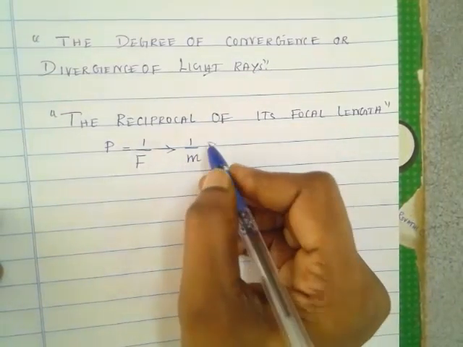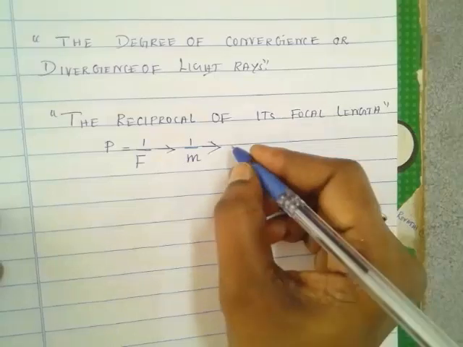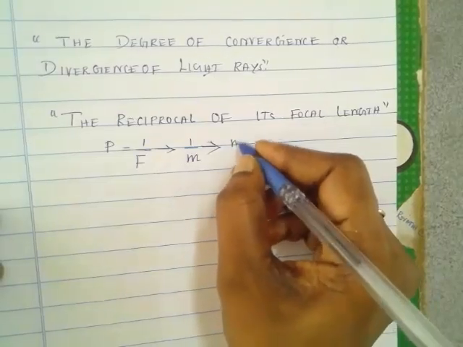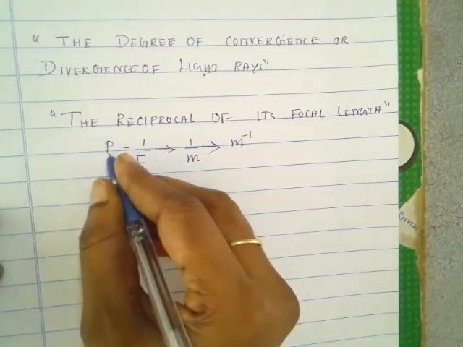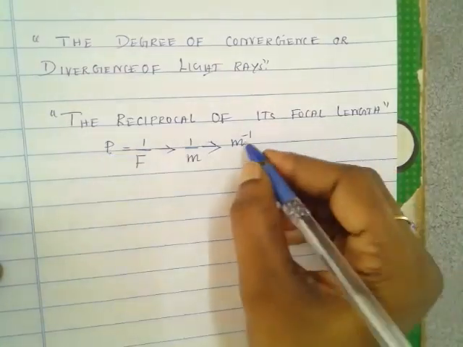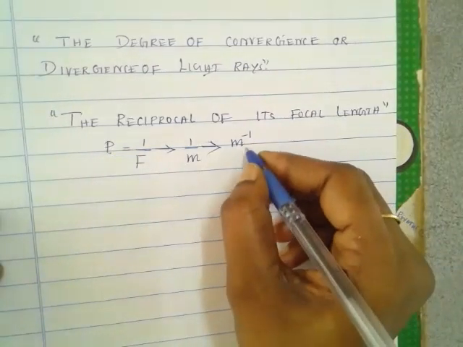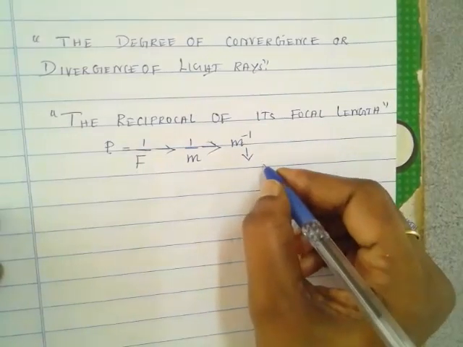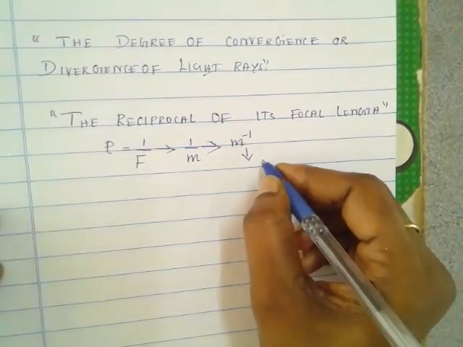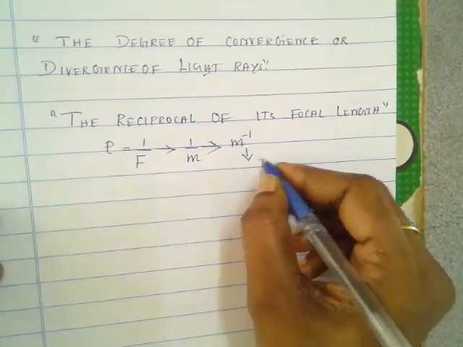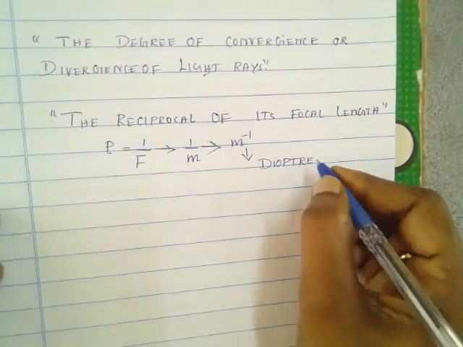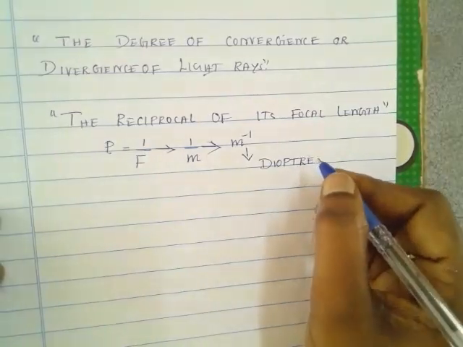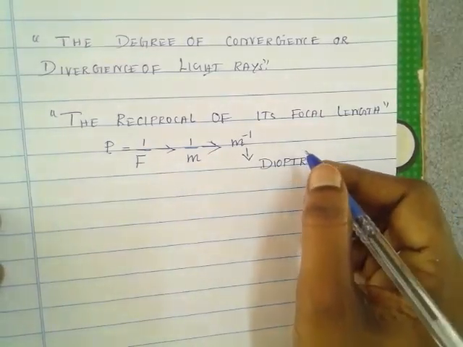Then this m goes to index notation, m power minus 1. The unit of power is meter inverse, practically denoted as diopter. The unit of power is diopter, in other words meter inverse.